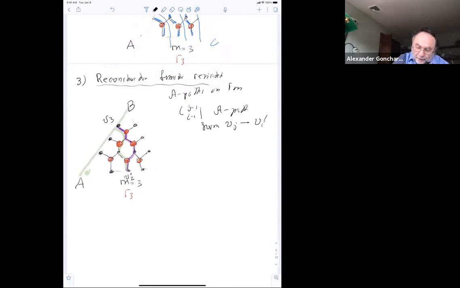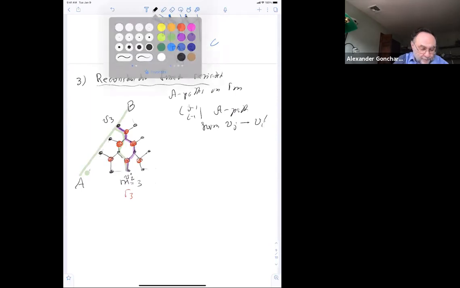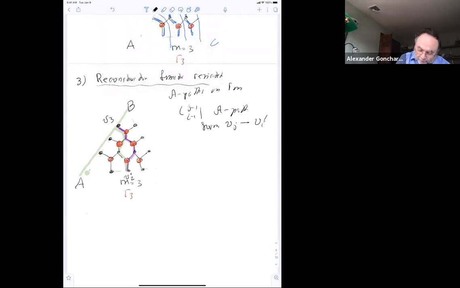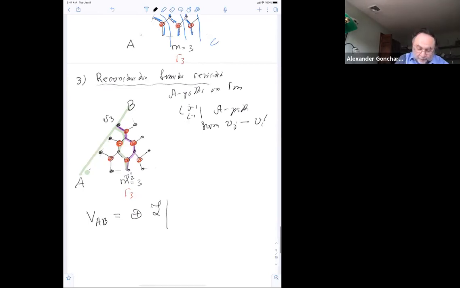And I assign to the side a vector space. This vector space V_AB is just the direct sum of my line bundle sitting on the vertices of gamma n which intersect the side AB. So in the case I was talking about, these vertices. In this case, the space is 3-dimensional, as you see.